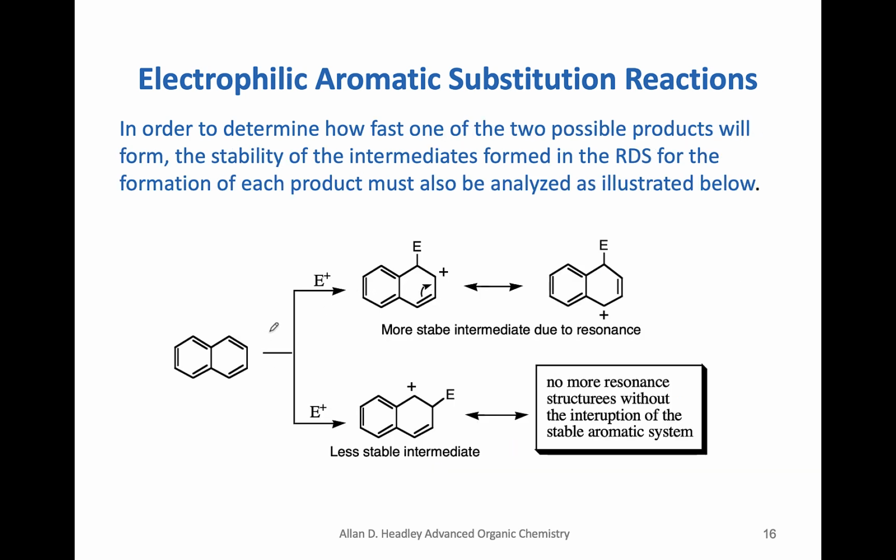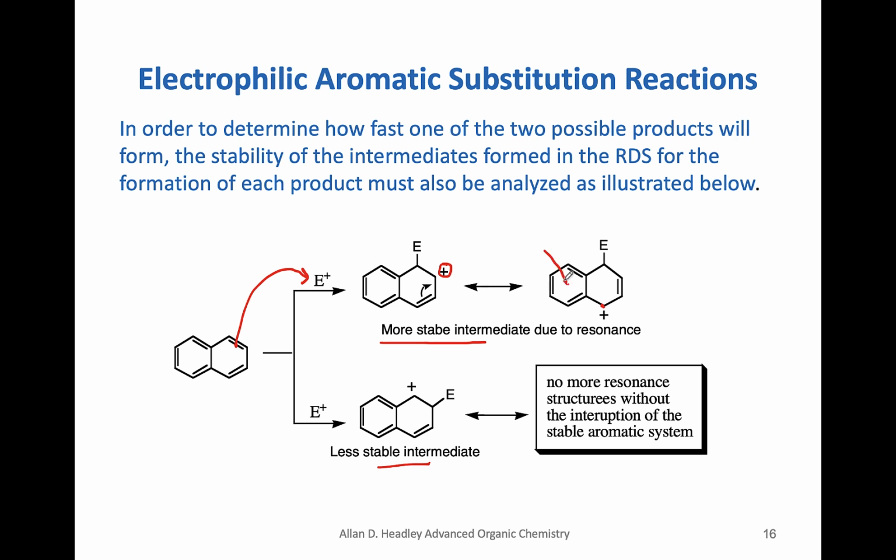We know that the rate determining step for this reaction involves the electrons reacting with the electrophile to give these two possible intermediates. Using the resonance structures here, we can see that this intermediate is more stable than this one. How do we know that? Because we can draw another resonance structure putting this positive charge over here.